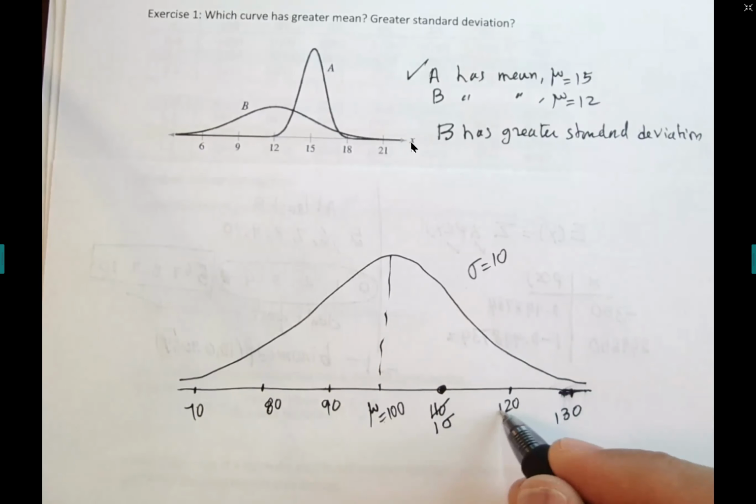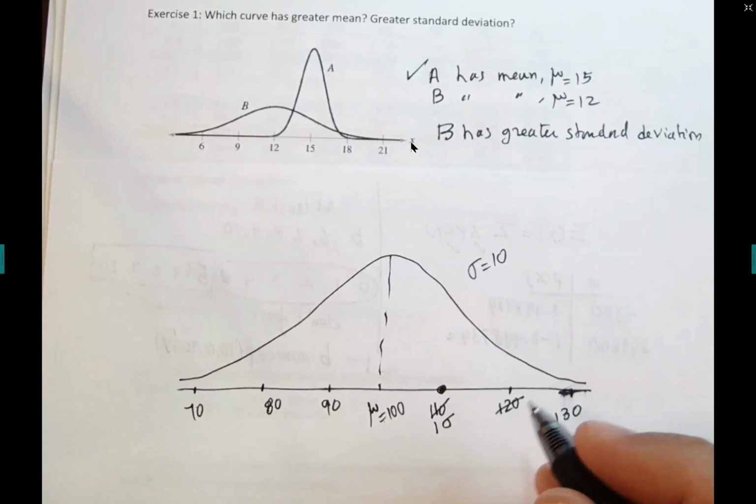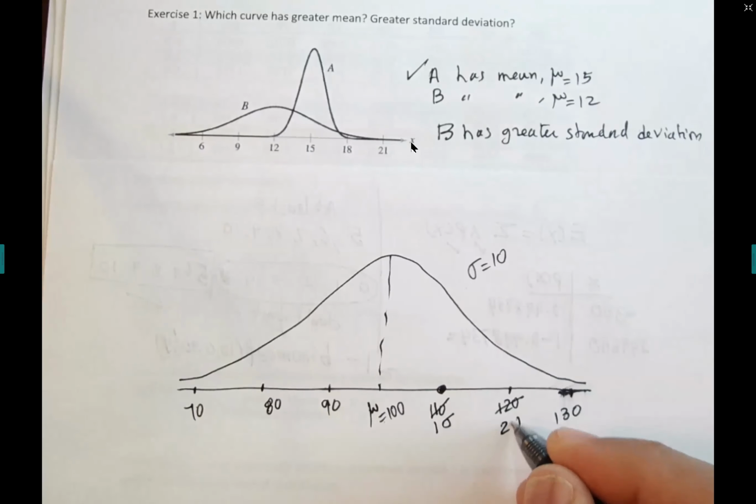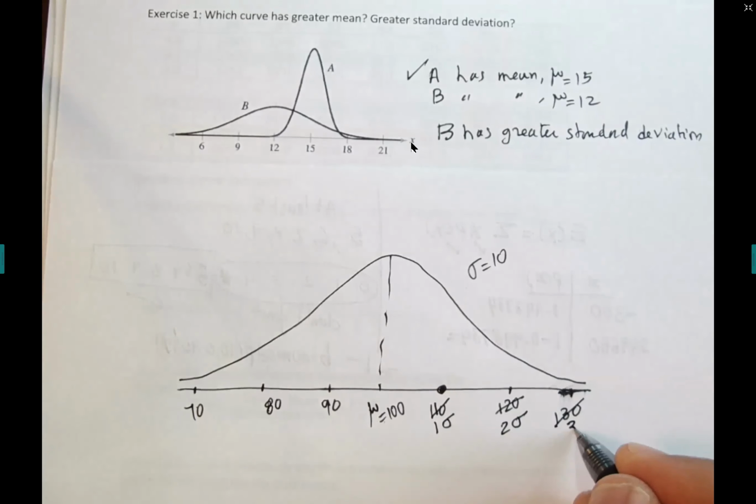What about 120, guys? How many standard deviations is that apart from 100? Okay, 2, very good. 2 standard deviations. This is going to be 3 standard deviations. What about 90, guys? How far apart, in standard deviations, from the mean? 1, but from which side? From the left.